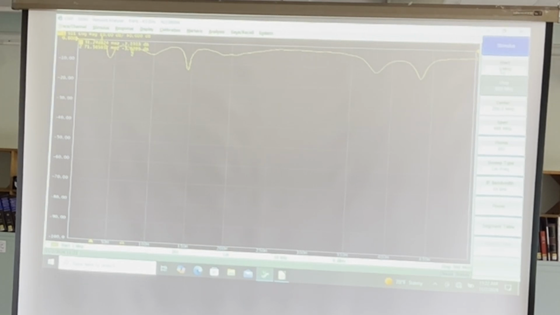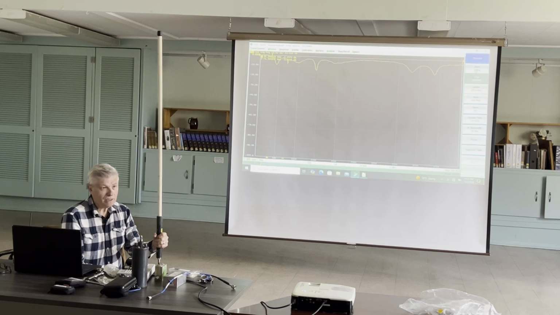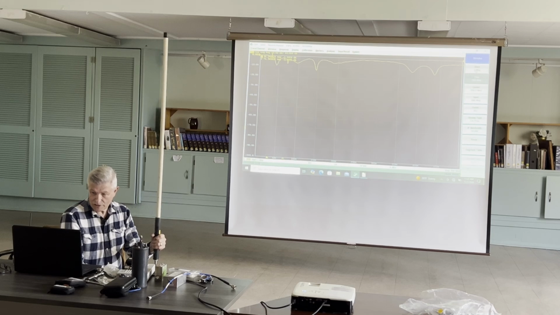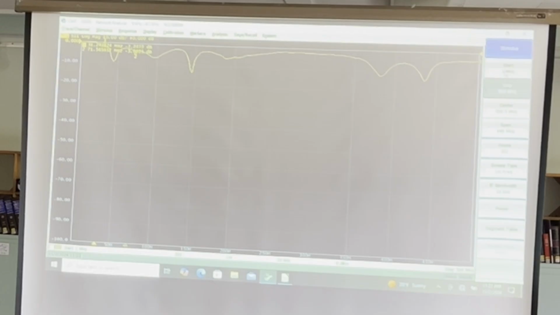About 15 dB. It's not great, but as a matter of fact, the antenna that we have up at the site for the VHF, for both repeaters, is 15 dB. That's what the spec is. That's what the old Phelps Dodge spec was. Now, you notice there are resonances in other places, probably harmonically related.